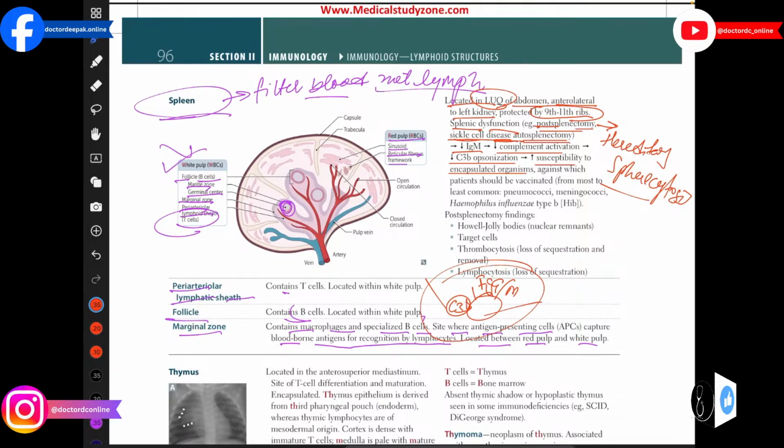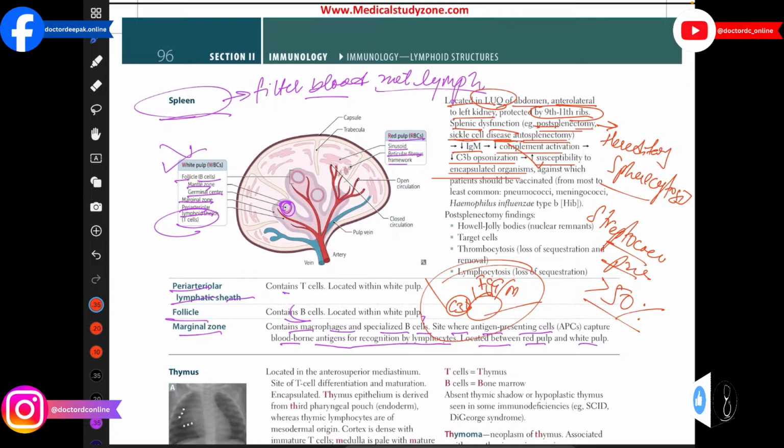If the spleen is dysfunctional, or if we remove the spleen by splenectomy, then there is an increased risk of encapsulated organisms. The most common encapsulated organism is Streptococcus pneumoniae, and it causes death in more than 50% of cases.